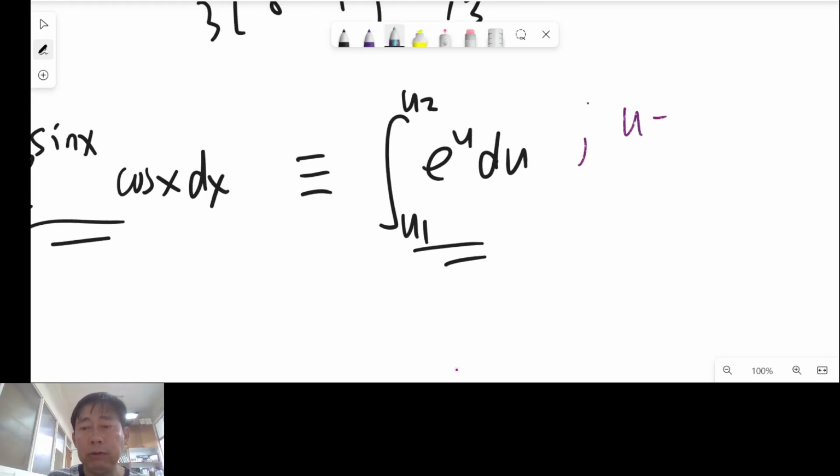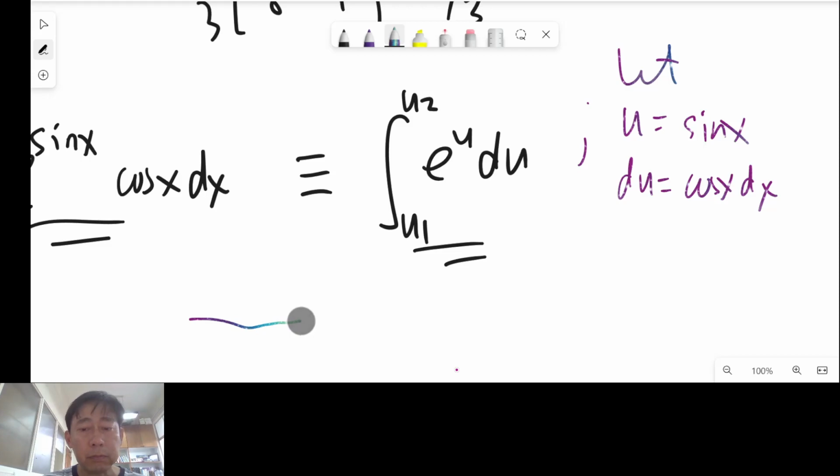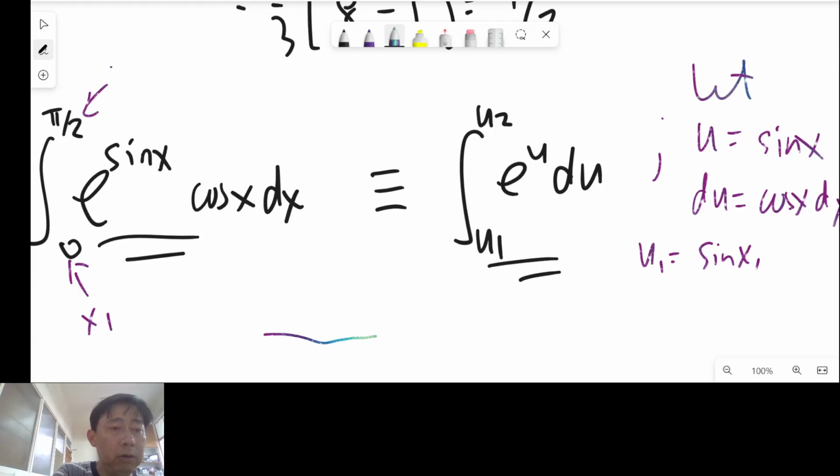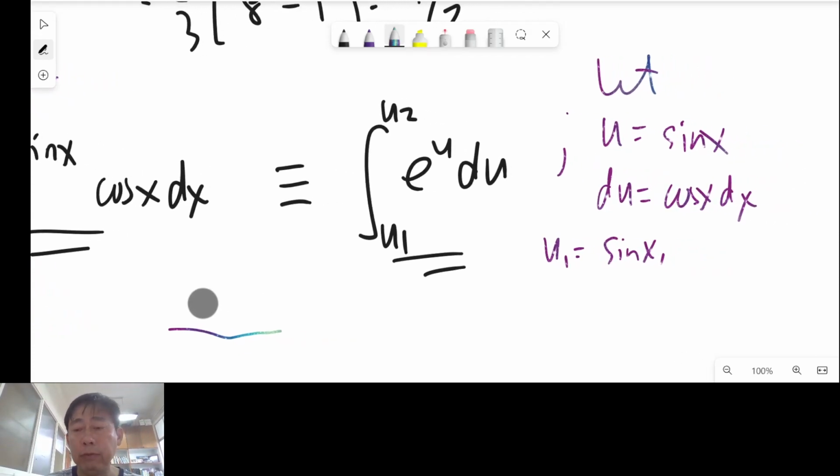So you let u equal sine x, then du equals cos x dx, and I call u1 the value of sine at x1, where x1 is 0, and x2 is pi over 2.